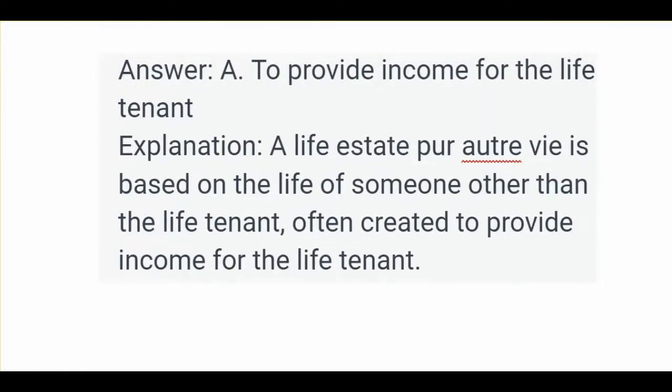A, to provide income for the life tenant. A life estate pour autre vie is based on the life of someone other than the life tenant, often created to provide income for the life tenant.